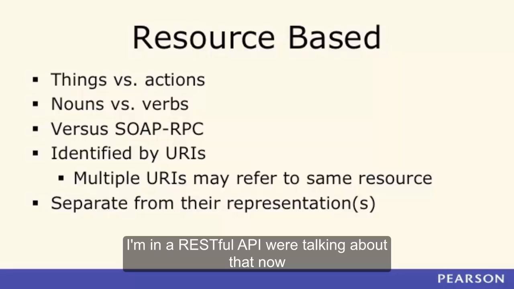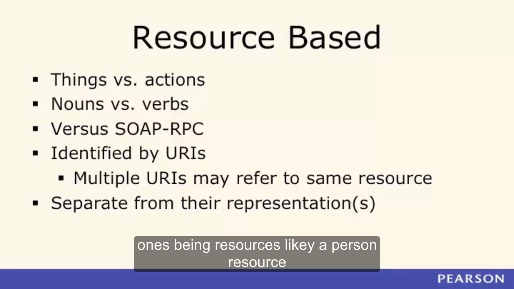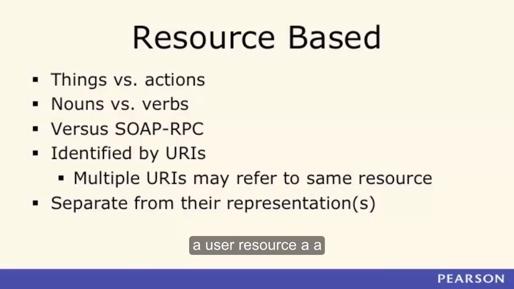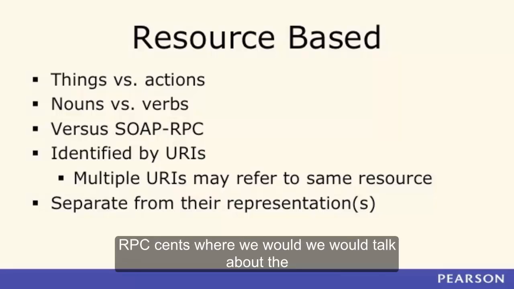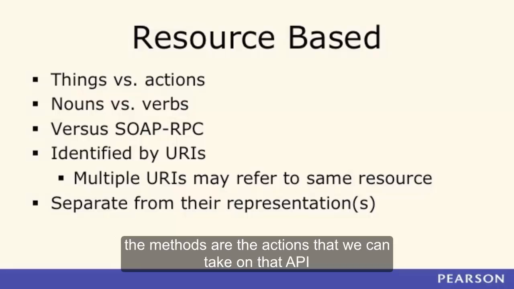In a RESTful API, the nouns are resources, like a person resource, a user resource, an address resource, as opposed to verbs that we talk about in something like a SOAP RPC sense, where we would talk about the methods or the actions that we can take on that API.